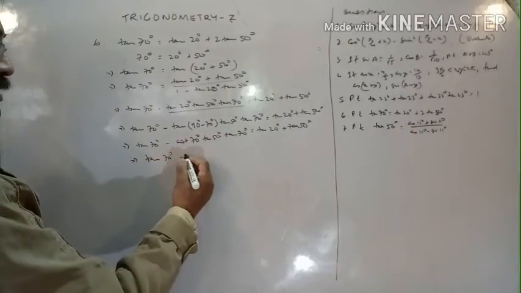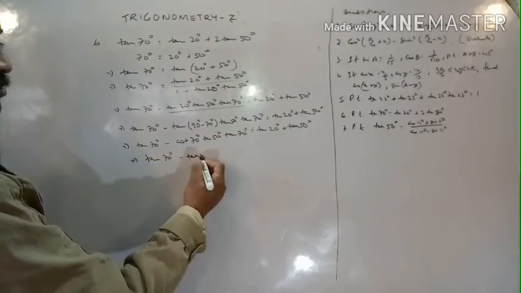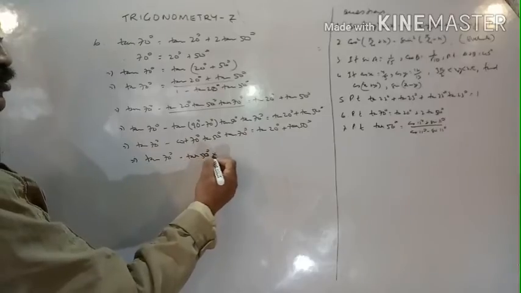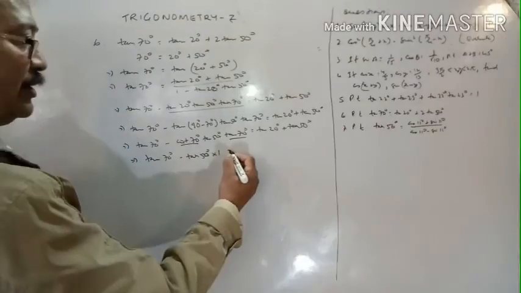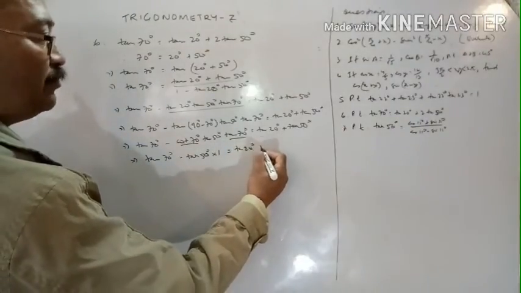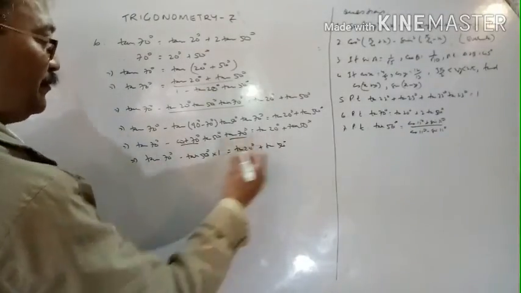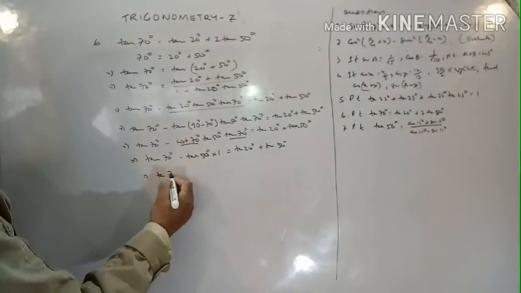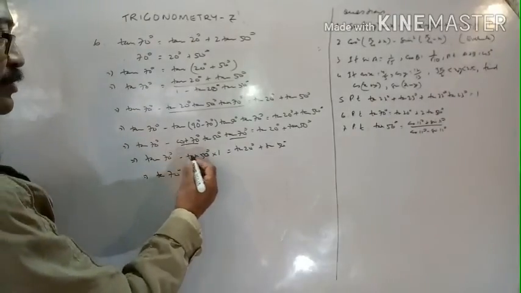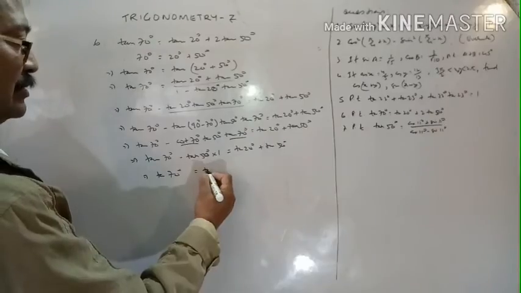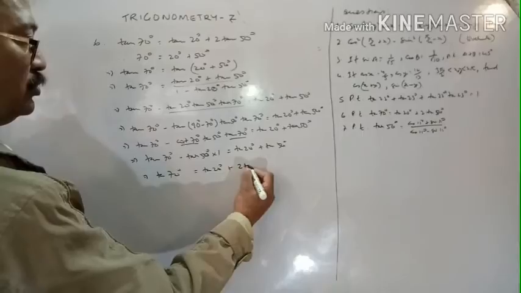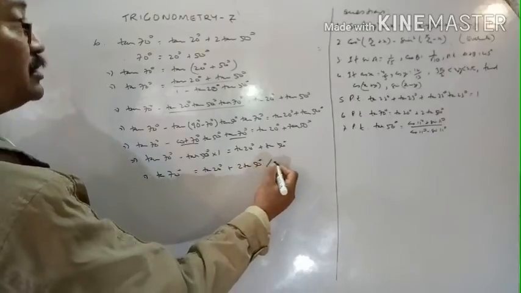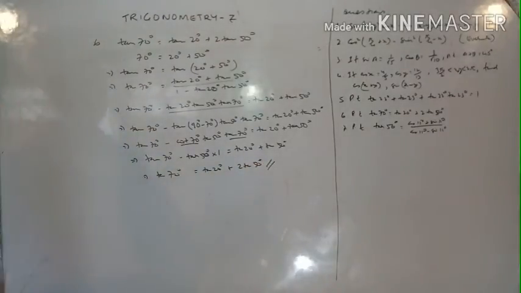So we get minus tan 50 degree into 1 equal to tan 20 degree plus tan 50 degree. Now tan 70 degree is equal to, taking tan 50 to that side, tan 20 degree plus tan 50 plus tan 50, which makes 2 tan 50 degree. So it is tan 20 plus 2 tan 50 degree.